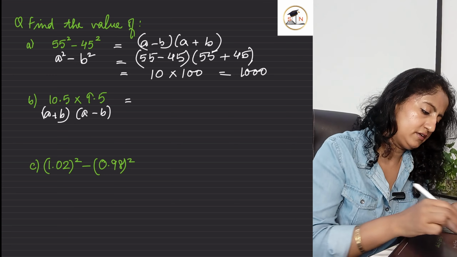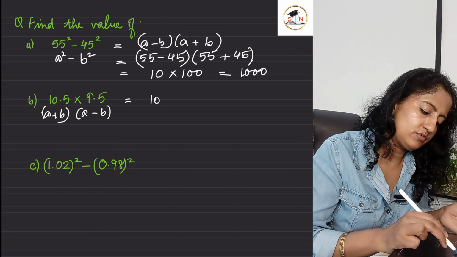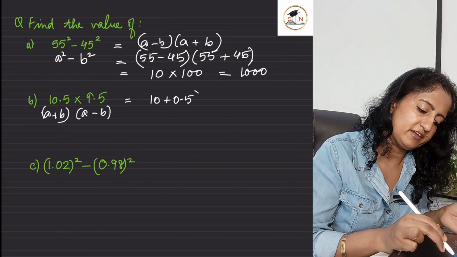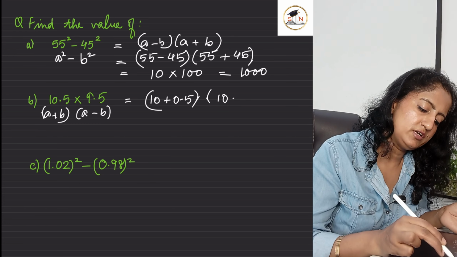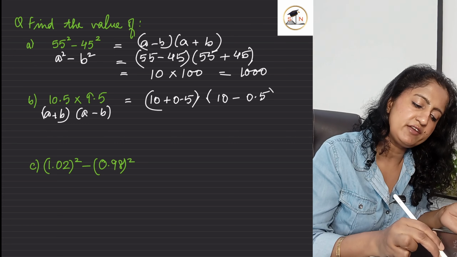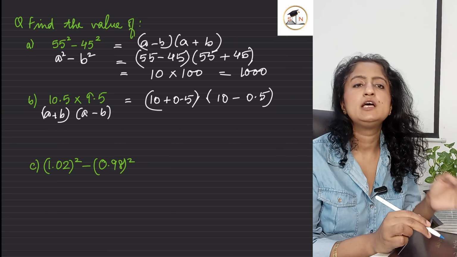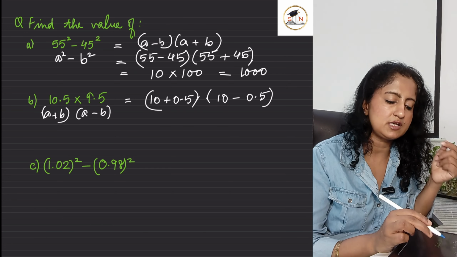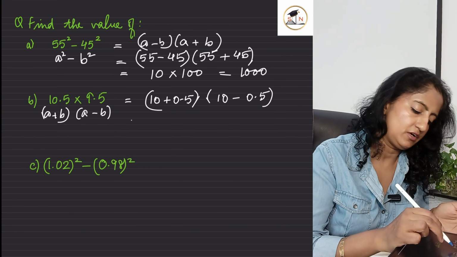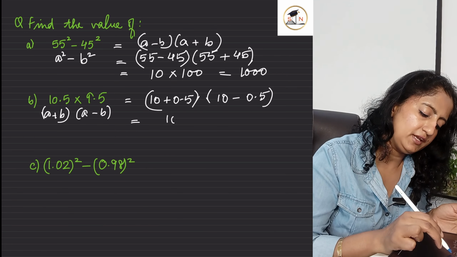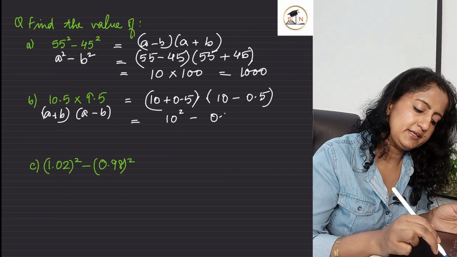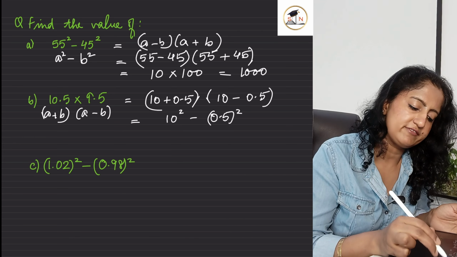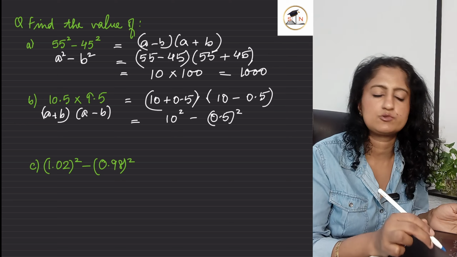I am writing it now, 10 plus 0.5 into 10 minus 0.5. I have just elaborated it so that you understand what is our a and what is our b. Okay, now it should give me 10 square minus 0.5 square, because a square minus b square.